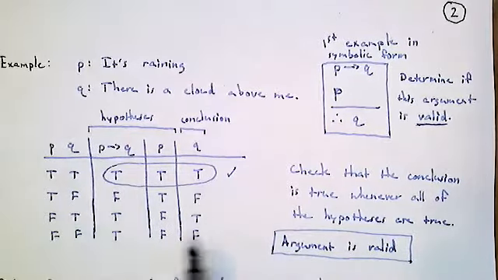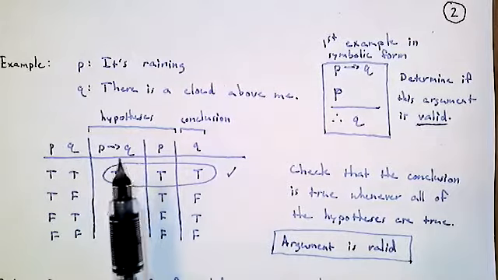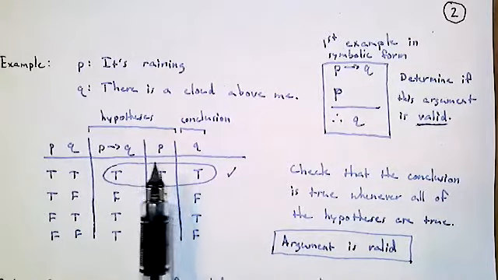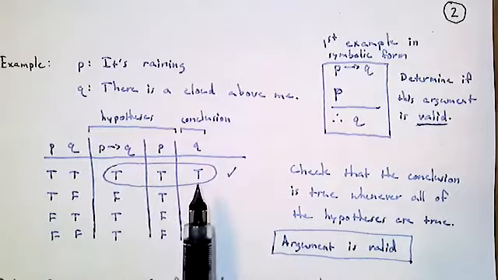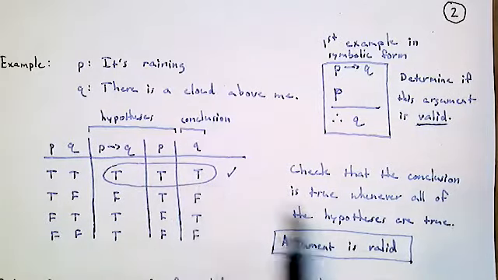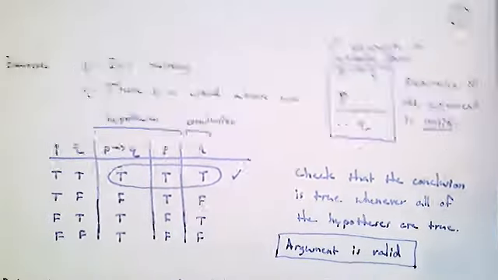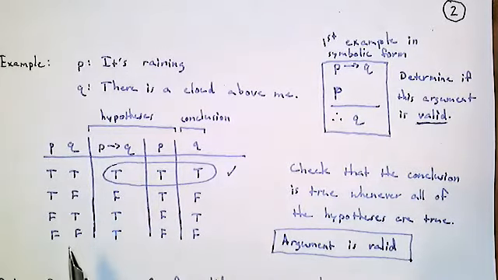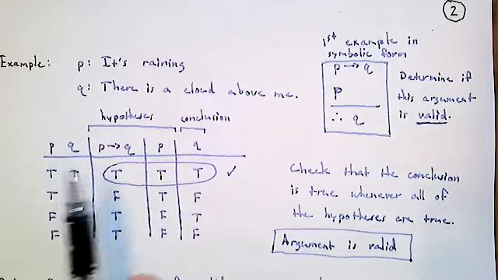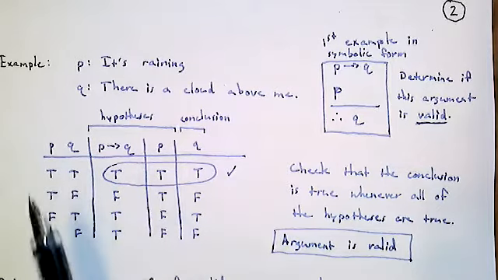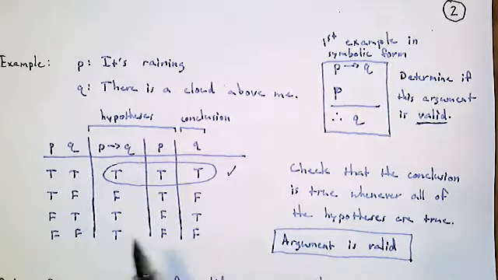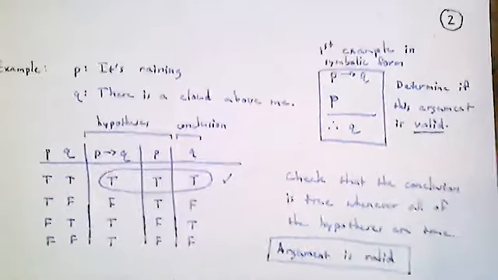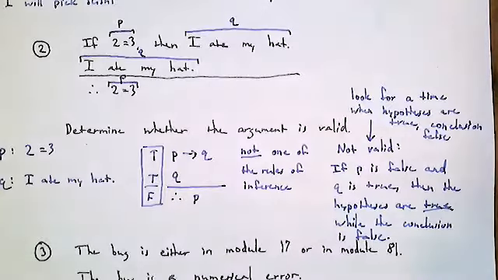And if you fill out this truth table and look for the rows where the hypotheses are true, then you need to find a true conclusion in order for the argument to be valid. So if you're not sure what truth values for P and Q to use, then you can make the whole truth table to find the answer.